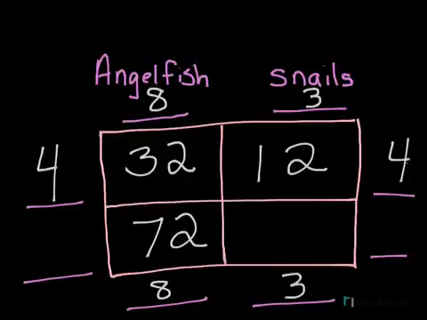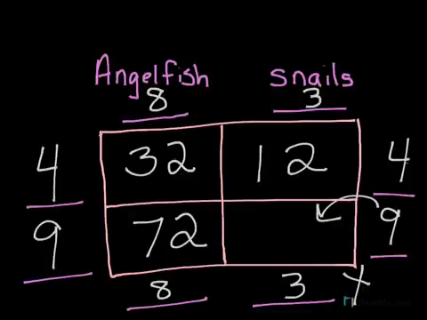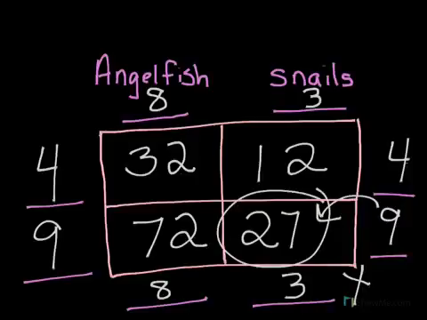Let's see. 8 goes into 72. From my math facts, I know 9 times. Bring that across. All that's left to do is 9 times 3, which gives me my answer of 27 snails.